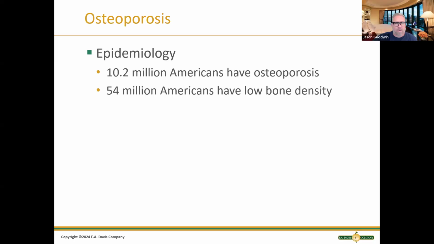And talking about osteoporosis, we have 10 million Americans, 54 million that have low bone density. So half the women and 40% of the men over age 50 will have osteoporotic fractures at some point.